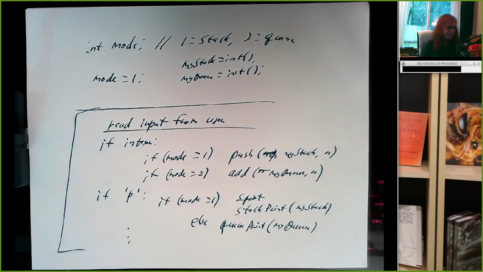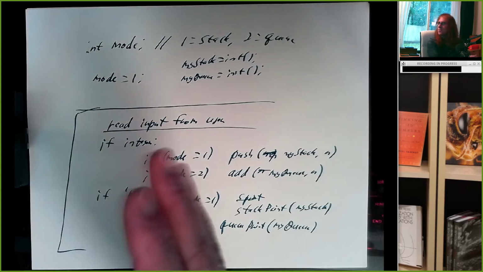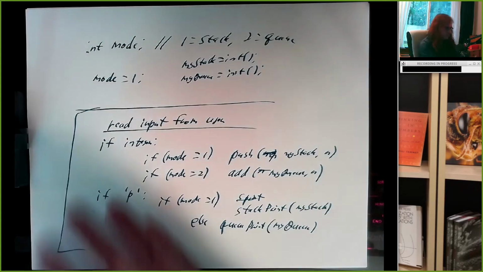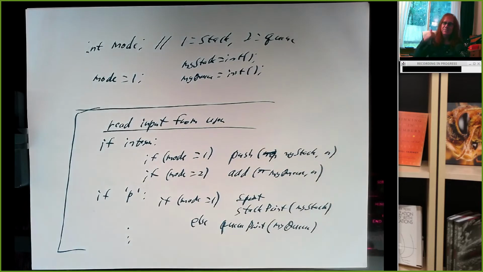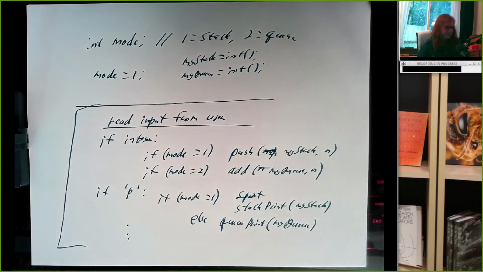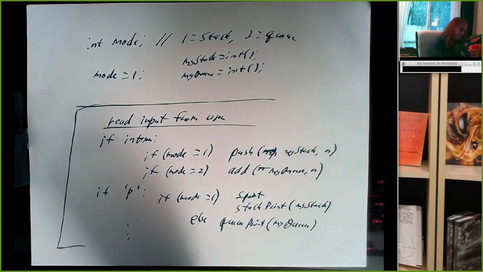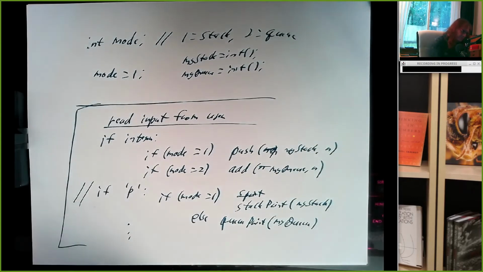And then if the command is S, what do? We don't have a print command, that's bogus, but you know, work with me on it. If the person types an S, that means they want to go into stack mode. So change mode to 1 and then call stack print.